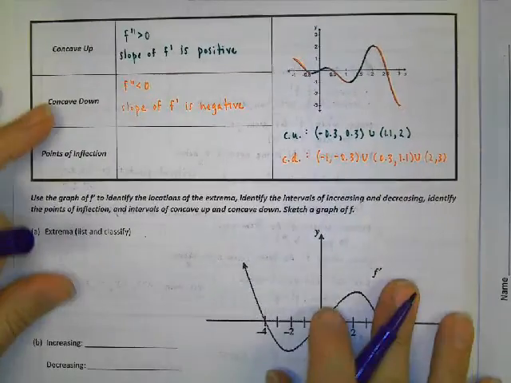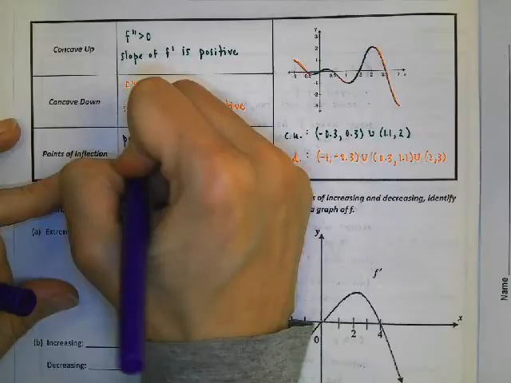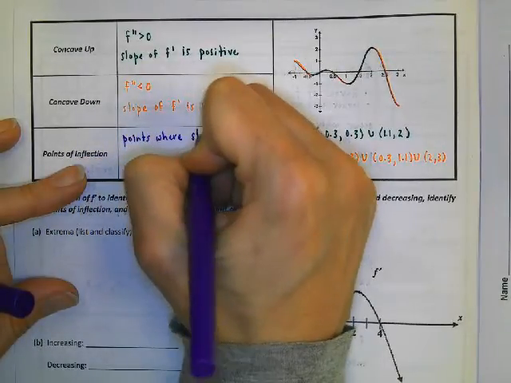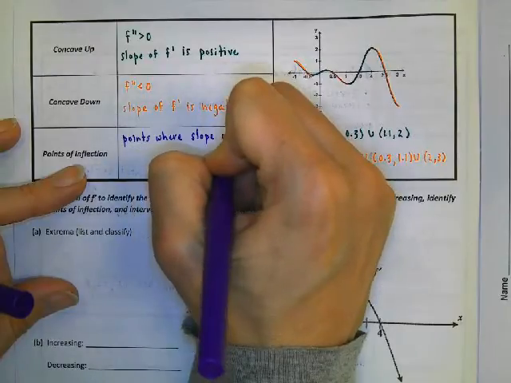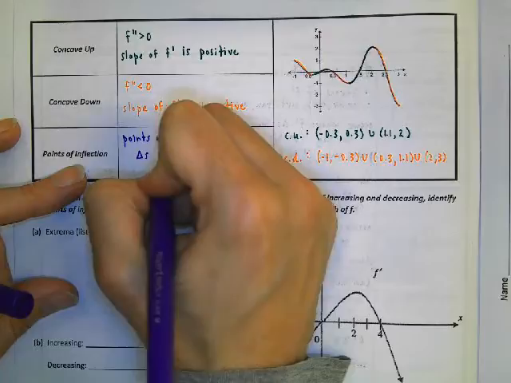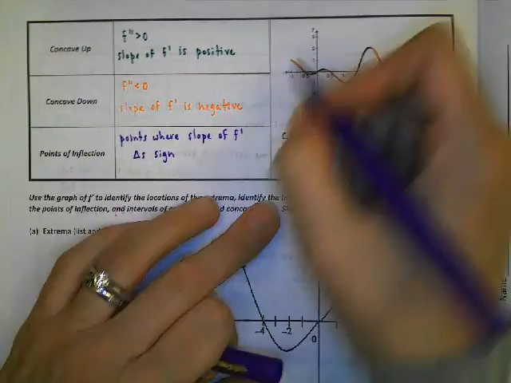So then my points of inflection are points where the slope of f prime changes sign. So either from negative to positive or positive to negative.